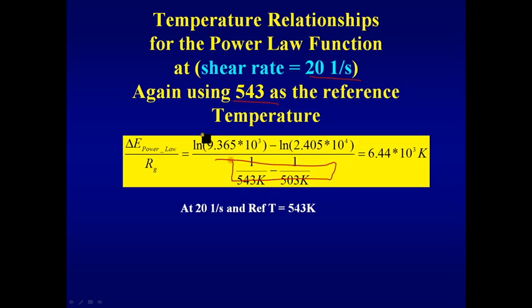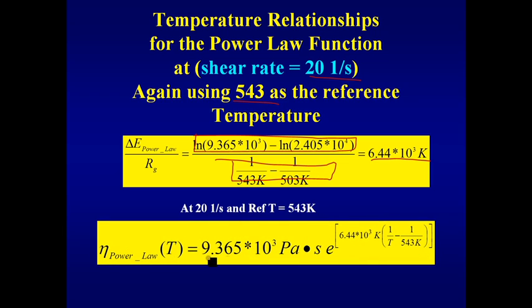You notice here and here, and this gives us an activation energy of 6,440 K, which is only about 1/3 that of the Newtonian viscosity activation. And we can put this into the equation, and here we have our temperature dependent power law viscosity at this particular shear rate.